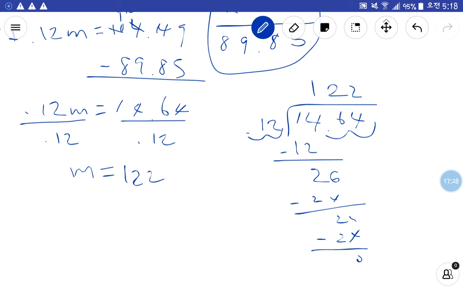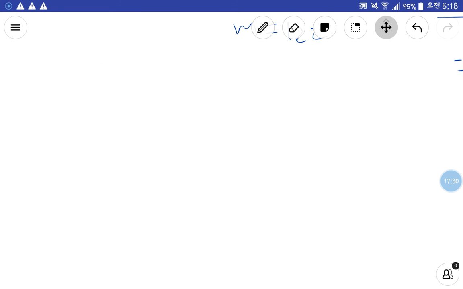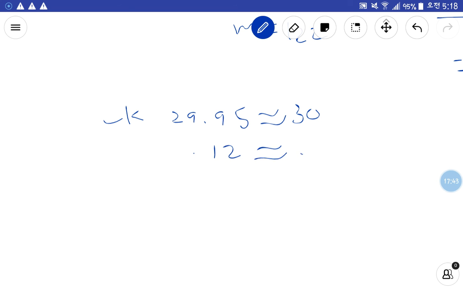How can we check it? First, we are going to round $29.95 into 30, right? And then 0.12 rounds up to 0.10, which is 0.1. And then you plug into the equation. Now we don't use 2, we use 3 instead. 3 times 30 plus 0.1 times 122.